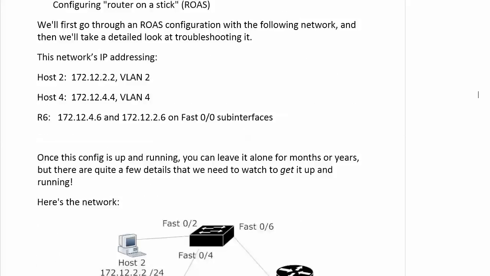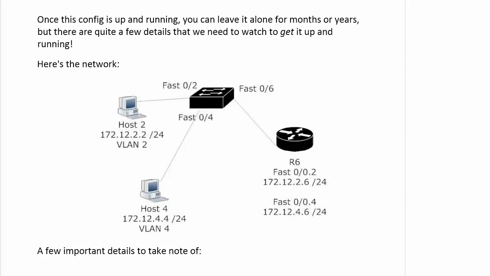Here is that network, by the way, and here's the physical setup. Host 2 and host 4 are connected to our one switch at the fast 2 and fast 4 ports, and router 6 is going to be found off fast 0/6, and you see the sub-interfaces that I mentioned earlier. A couple of important details here to take note of.